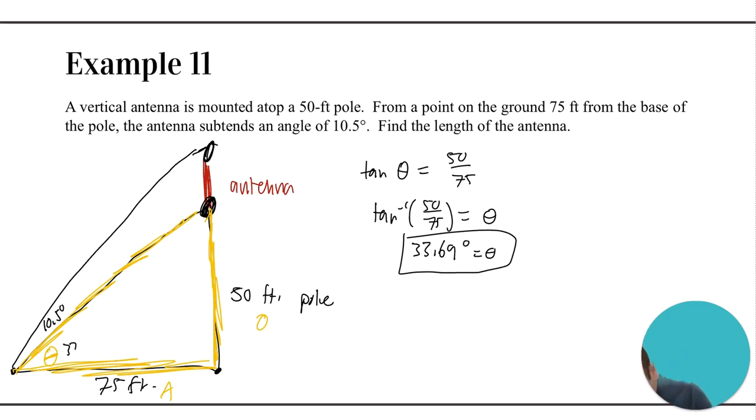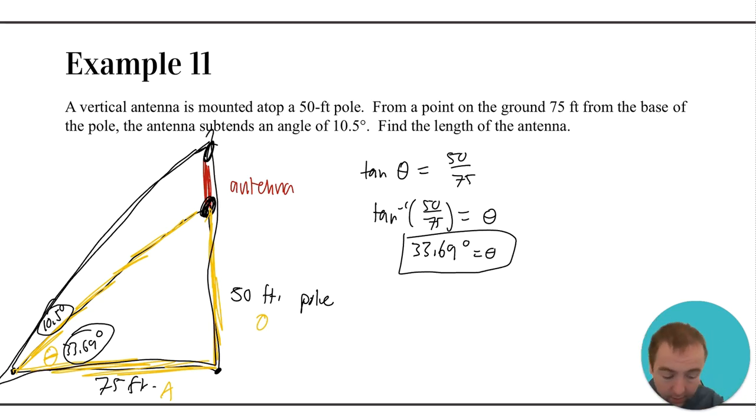And then with that, if we were to combine both of those angles together, we would get an overall right triangle that goes to the top of the antenna. And that would have a 33.69 plus 10.5, a 44.19 degree angle. And then this is still going to be 75 feet.